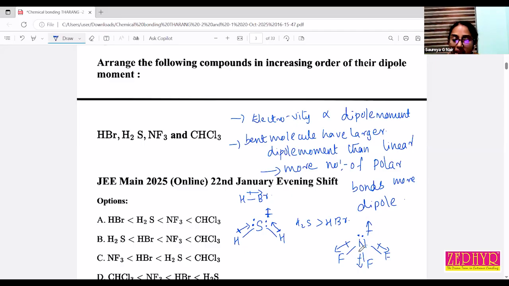My question is, H2S or NF3, which one has more dipole? H2S. H2S has more dipole than NF3.